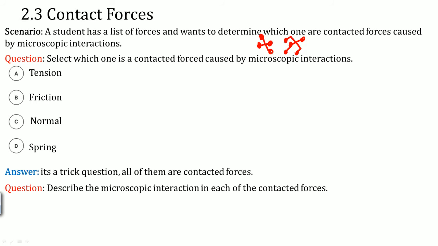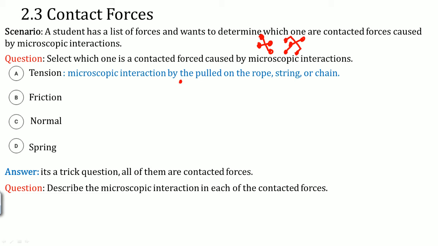Let's explain. To do that, the question asks to describe the microscopic interaction in each one of the contact forces. So tension. The microscopic interaction is caused by the pull on the rope, string, or chain.